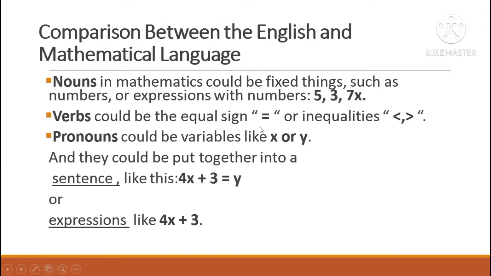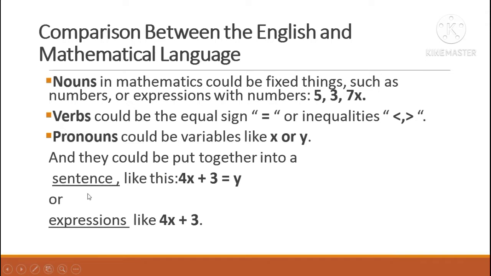Okay? So, what are pronouns? Pronouns could be variables like x or y, and they could be put together into a sentence. Yung pronouns, pwede natin siyang gawing sentence.